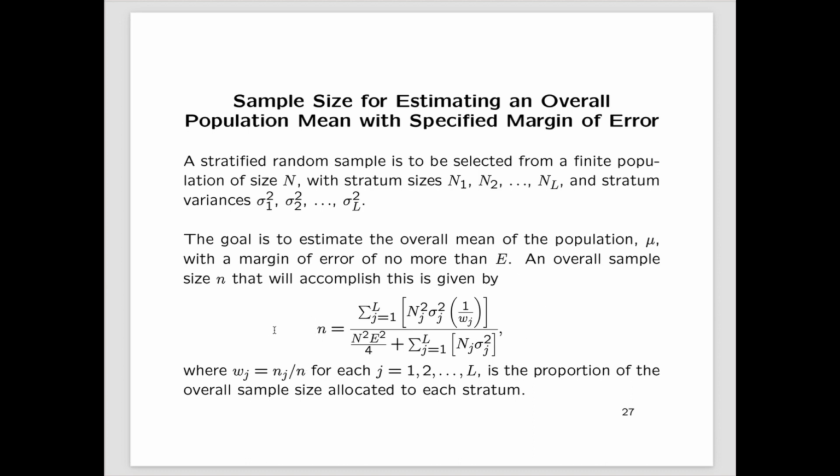All right, but we do need to understand, and I don't want you to be confused. If you calculate a sample size, calculate the corresponding stratum sample sizes, and then calculate the margin of error and get something that's not quite as small as what we desired, there's a reason for that. We know what that reason is now, and we can deal with it.